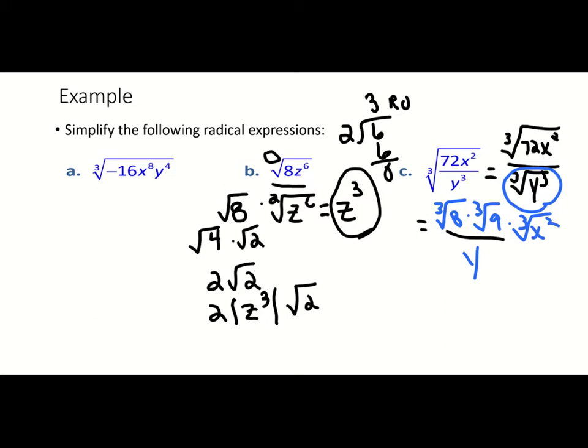And then the cubed root of 8 is going to be the whole number 2. And then we're going to have the cubed root of 9, which we can't do anything with. And the cubed root of x squared we also can't do anything with, so we'll leave it underneath that radical. And that's going to be all over y. And that will be all the simplifying we can do. We can't do any more simplifying, so we are done with that one.